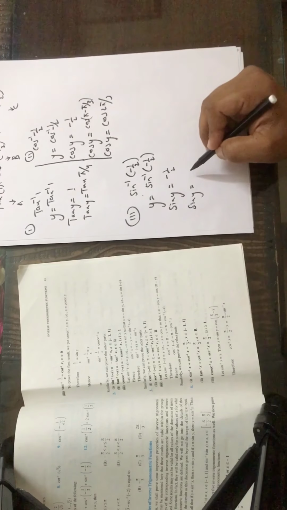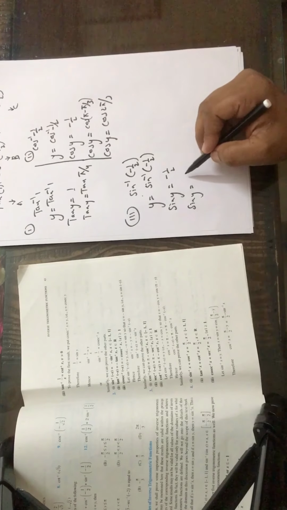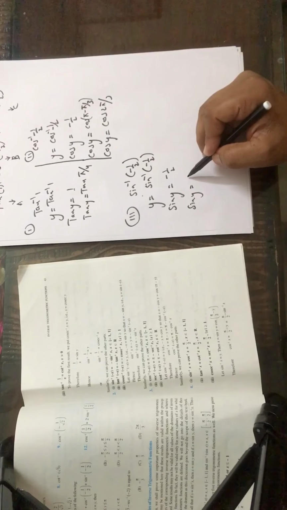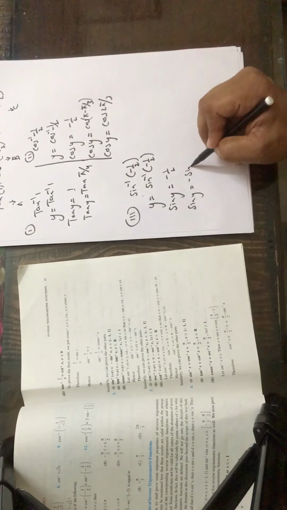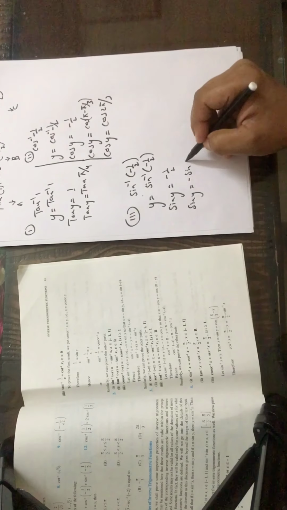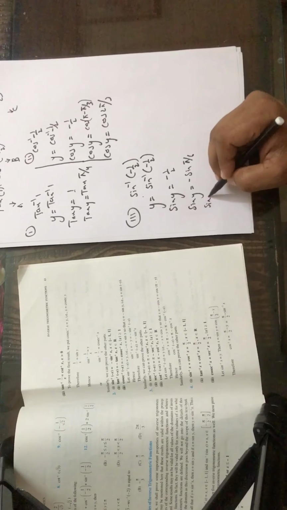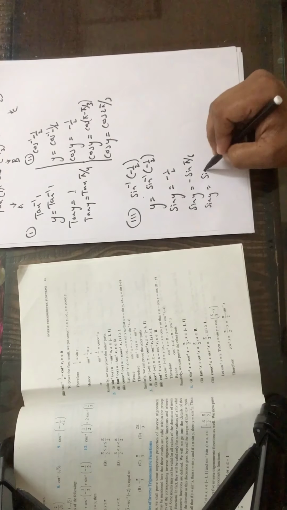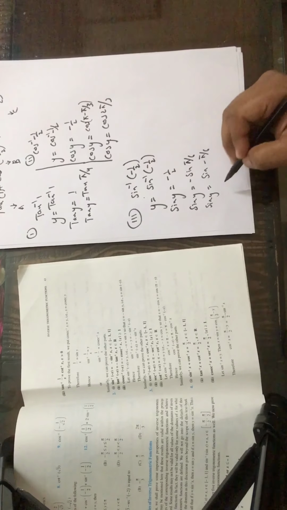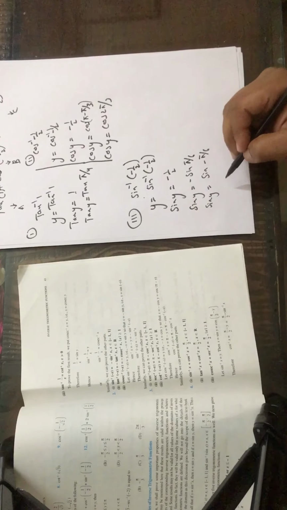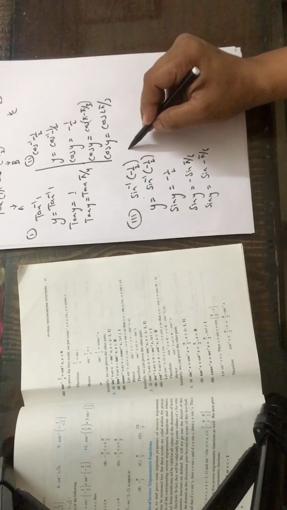Sine y equals minus sine pi by 6, or we can also write sine y equals sine of minus pi by 6. So, these three are there.